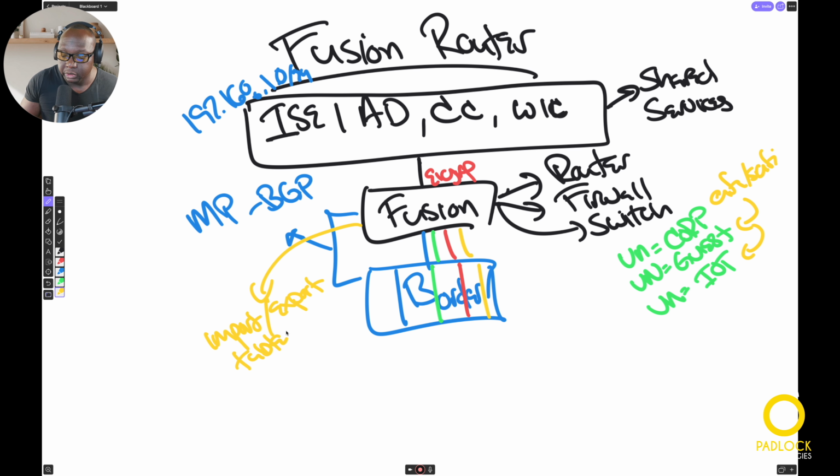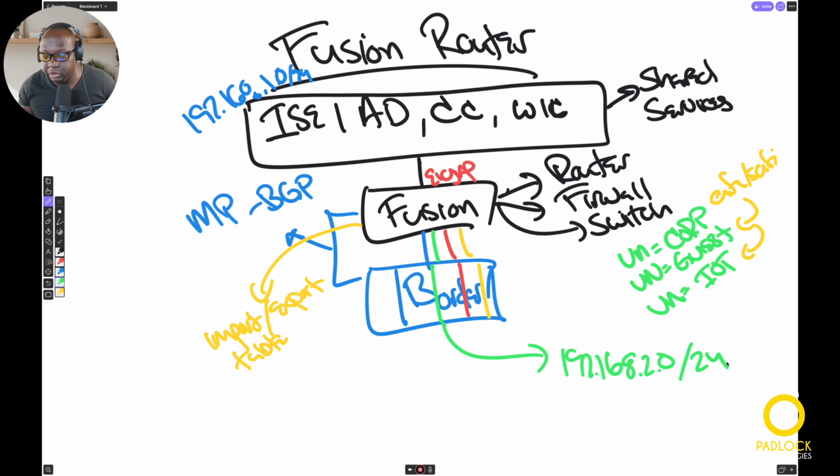So when you look for a route that's in, let's say, Corp, in the global routing table, let's say the Corp subnet was 192.168.2.0/24, just for simplicity's sake.